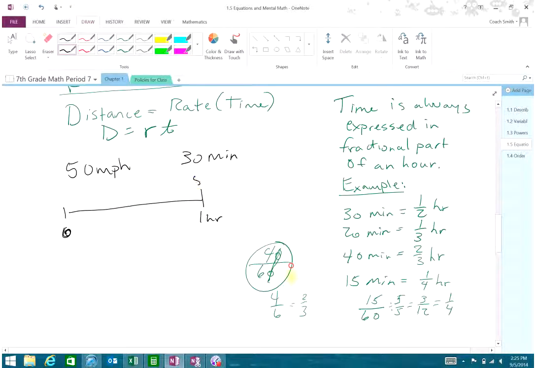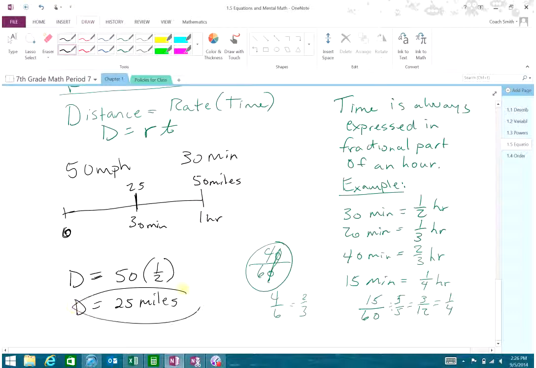Okay, well in 1 hour I go 50 miles because I'm going 50 miles per hour. So in 30 minutes, which is right here, I would go how far? Jesse? 25 miles. Now, how you would come up with that using the formula would be this. Distance is equal to 50 times 1/2. So that means distance is equal to 25 miles. And you must have your answer in miles. I mean, with miles on it.